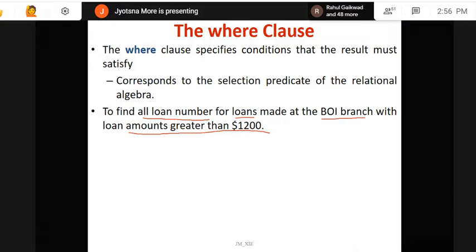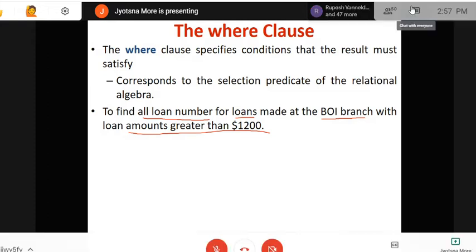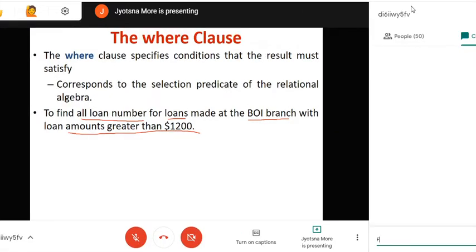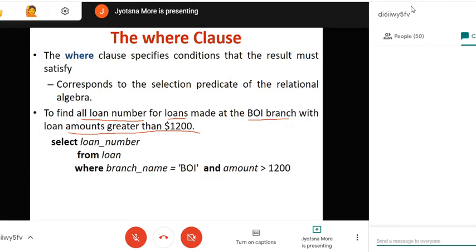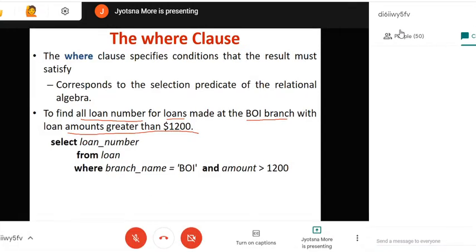Yes, at branch, but how will you mention that in the query? Will you use the keyword at? No. Then in the where clause, we keep amount greater than 1,200 and use an and, and give branch name equal to BOI. Correct. So we require these two conditions they have given us.